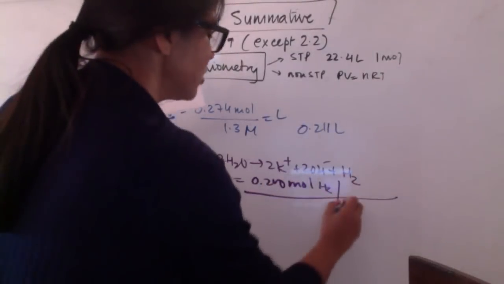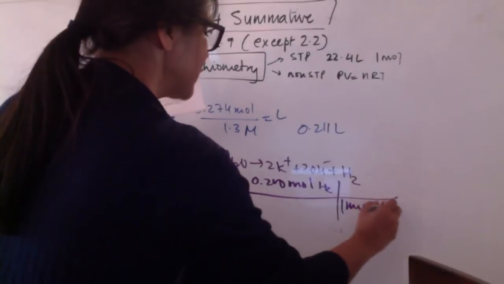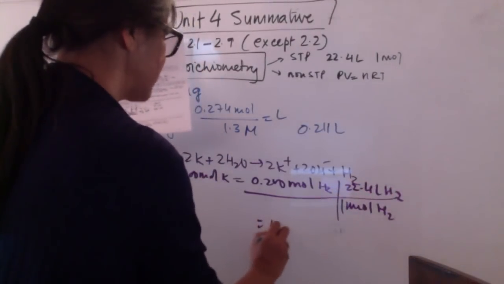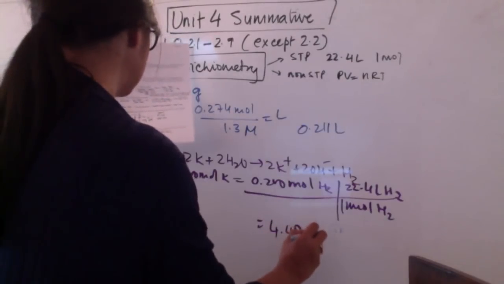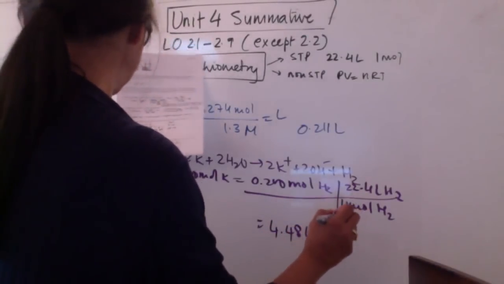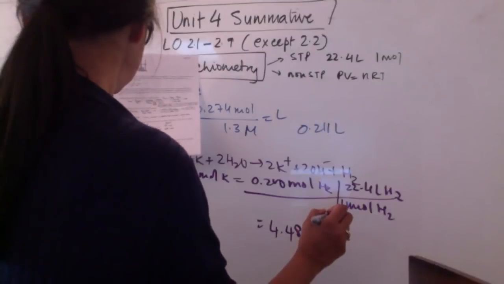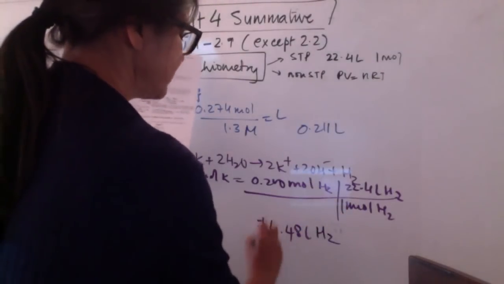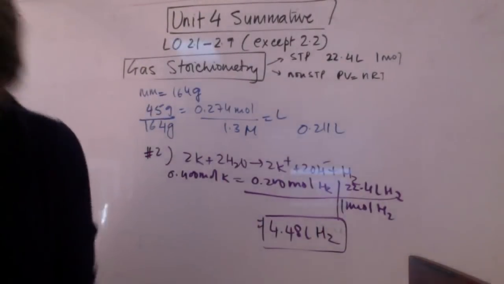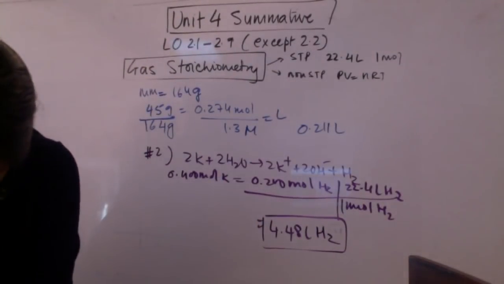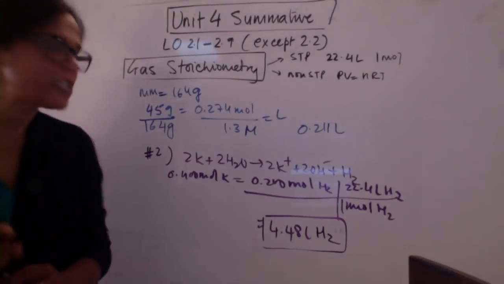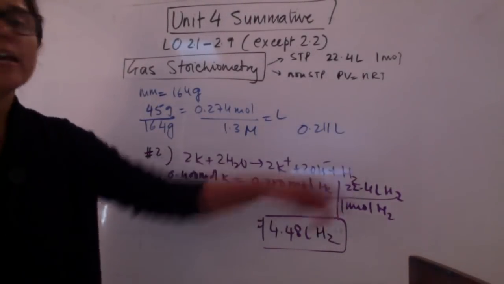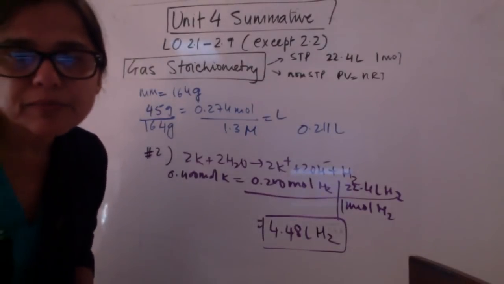And you know 1 mole of hydrogen is 22.4 liters, and you get 4.48 liters. Oh, sorry, hydrogen. Is it hydrogen? Yes, hydrogen. So you know it is at STP, so you know it will be 22.4 liters. So the thought process is from moles of K, you get moles of hydrogen and then convert it to volume.